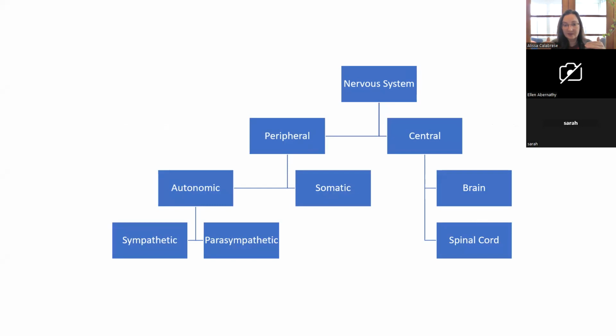The central nervous system is just the brain and the spinal cord, just those two major structures. The peripheral nervous system includes all of the nerves that branch off of the brain and off of the spinal cord. All of those nerves can be further subdivided into two categories, either autonomic or somatic. And then we'll look at the further breakdown of those categories as we go through this.